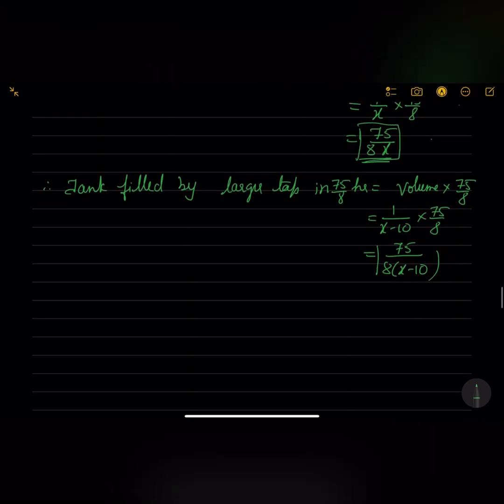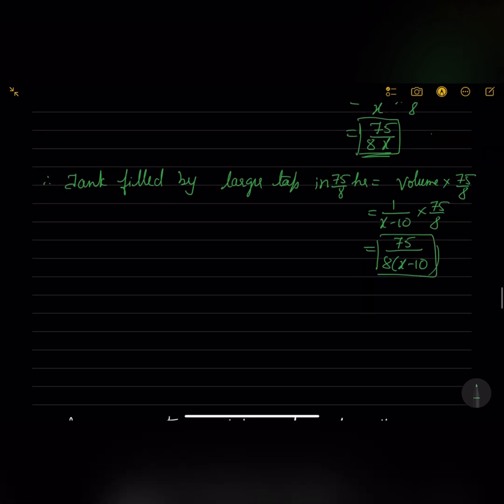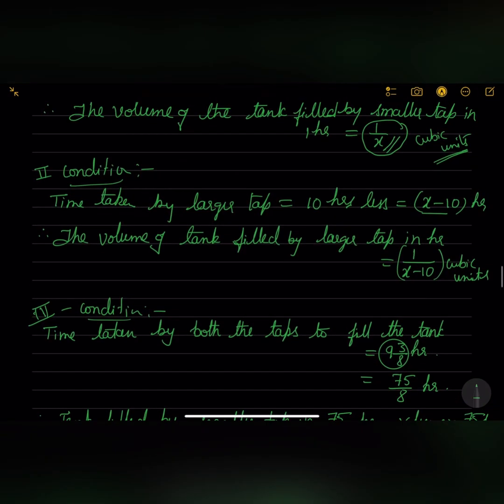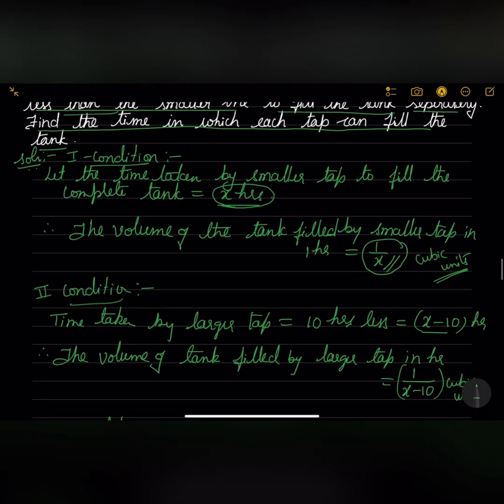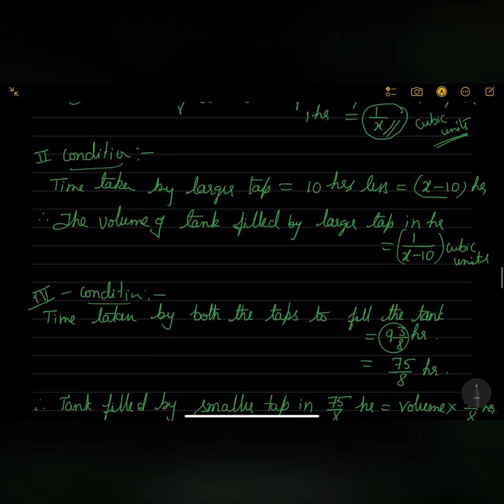Next, we need to find out what x is. x is the time taken by the smaller tap, and we also have to find the time taken by the larger tap.